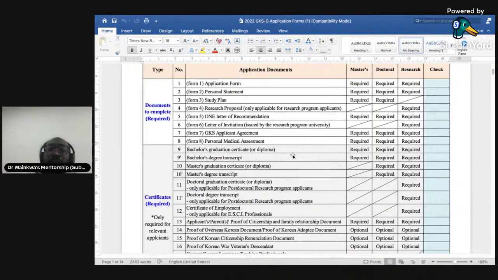For the recommendation letter, there is a format, a document provided by the Global Korean Scholarship. You give it to your supervisor. He has to fill, sign, and seal it.